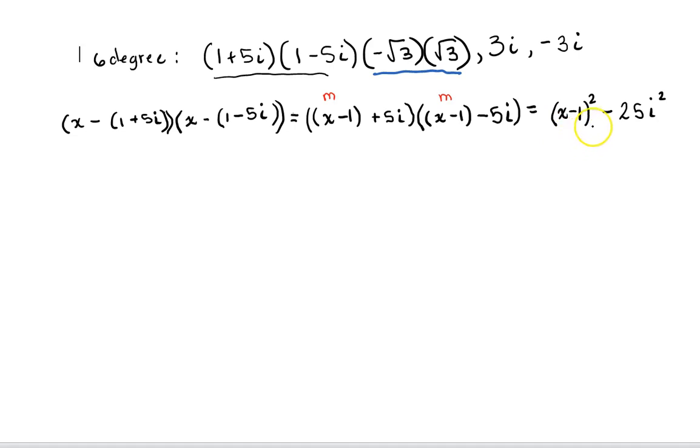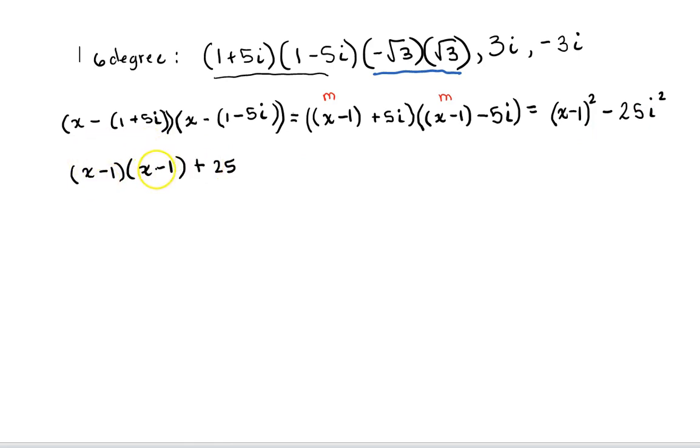Here I'm going to have my x minus 1 times x minus 1 plus my 25, and I've changed the sign here, got rid of the i squared, so it's now positive.